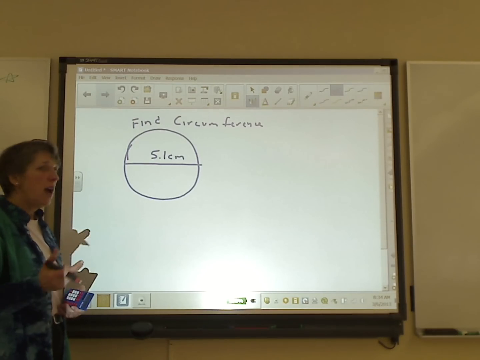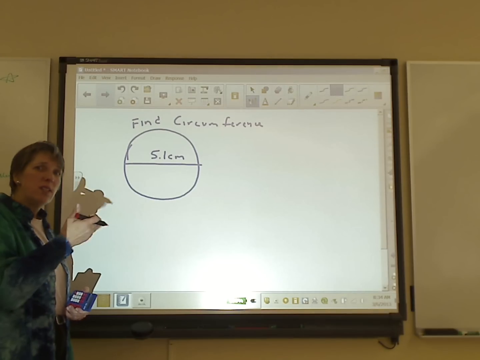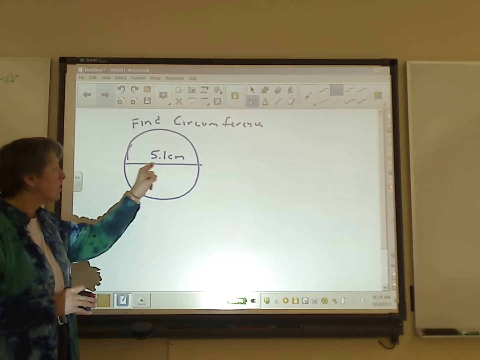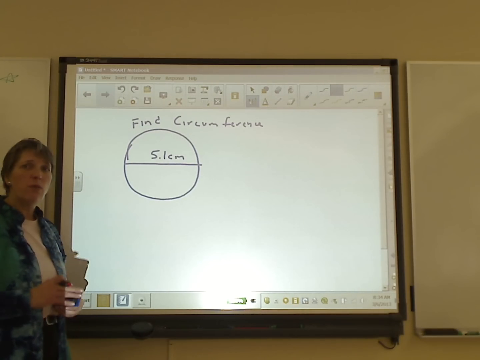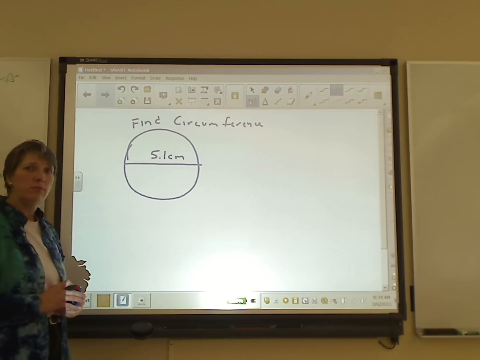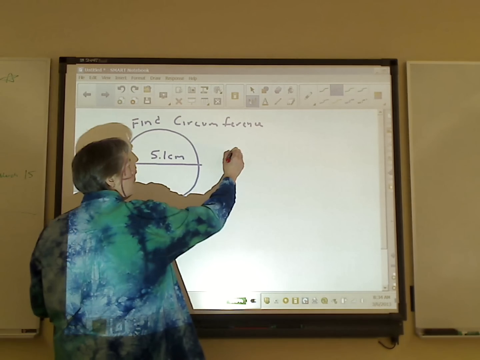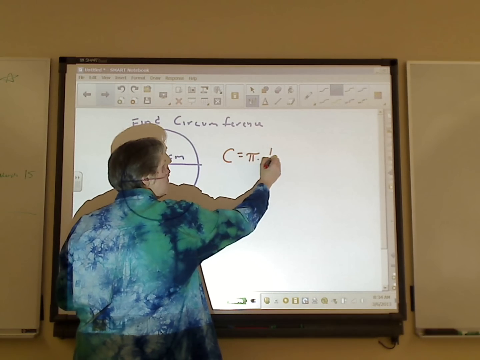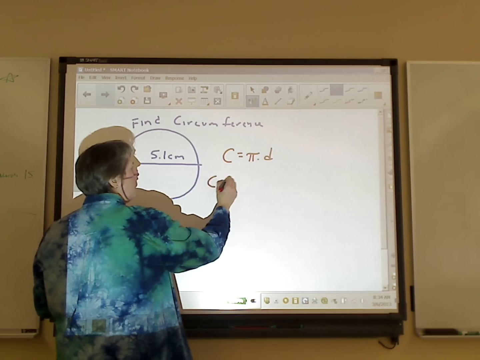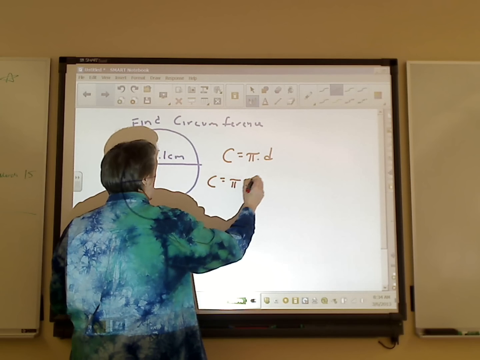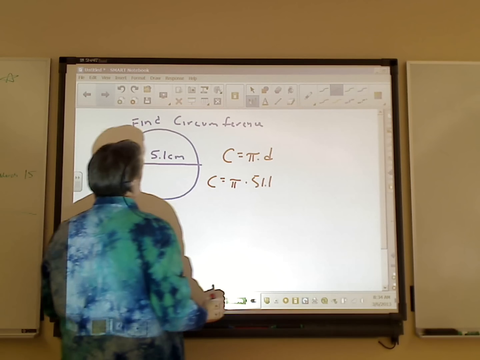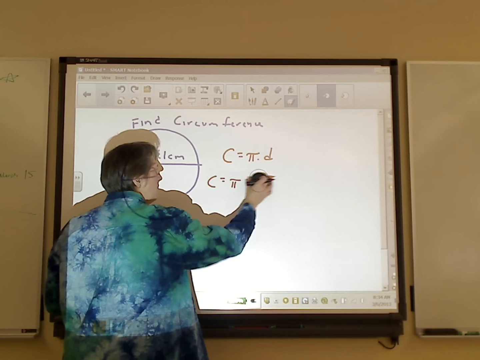So stop the video and see if you can find the circumference. Look, it goes all the way across. Write the formula. When you're done, come back. Welcome back. Let's see how you did. Well, you have to write the formula. C equals pi times D. C equals pi times 5.1.